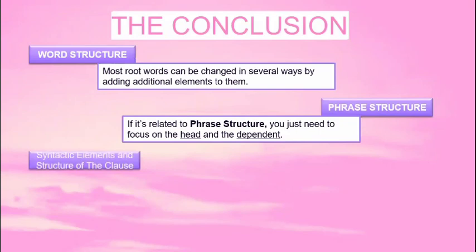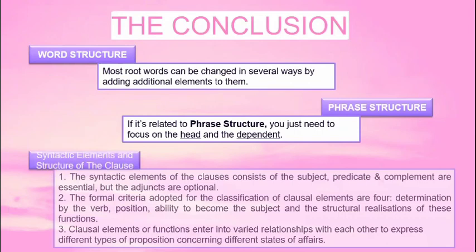For syntactic elements and structure of the clause, first, the syntactic elements of the clause consist of the subject, predicate, and complement, which are essential, but the adjuncts are optional.